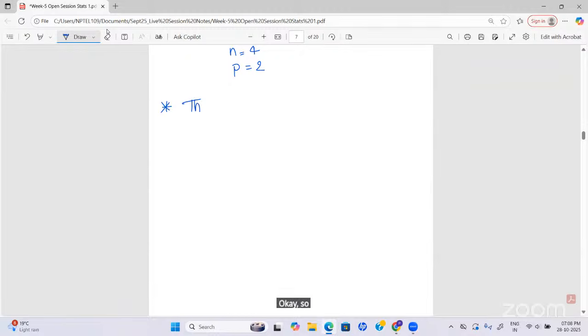The number of permutations of n objects. What is P, ma'am? One minute, I'll explain.